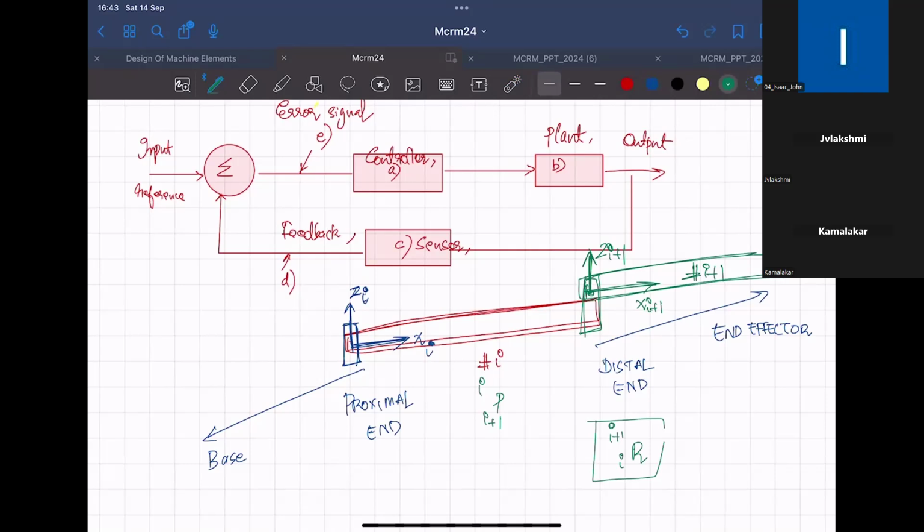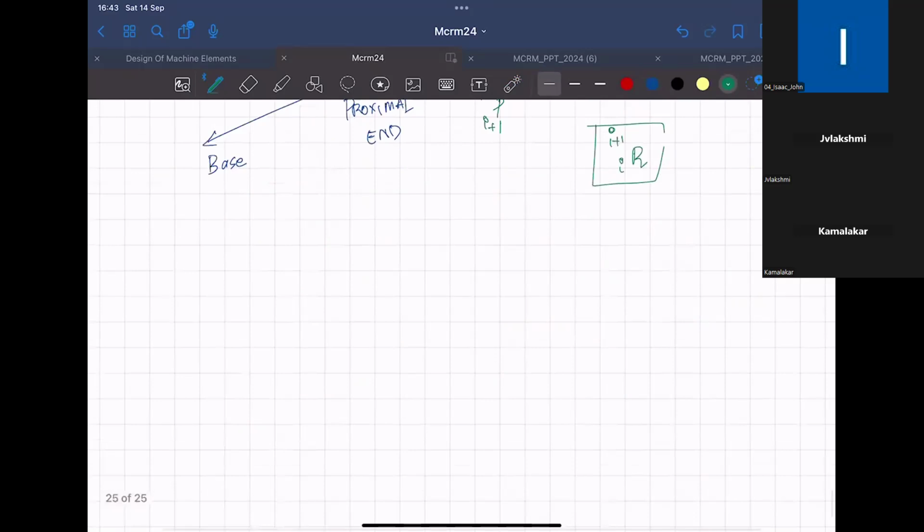Assignment 7, 12th question would be, okay, if it is okay, I'll just read out and I'll write the relevant points. The controller of a robot manipulator is required to have the following second order error dynamics.